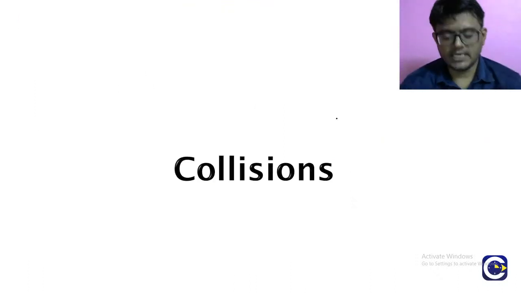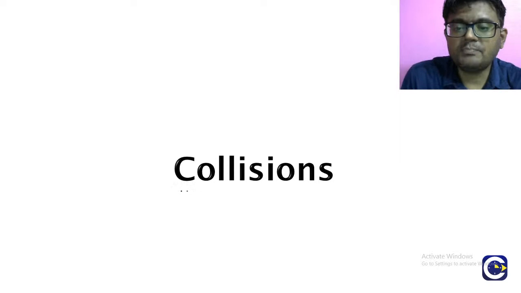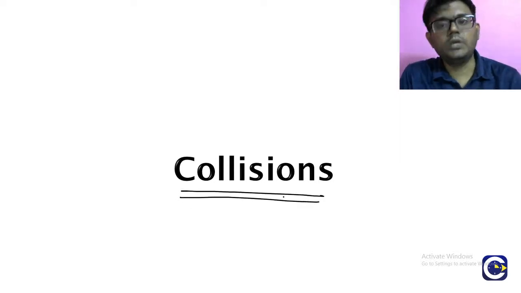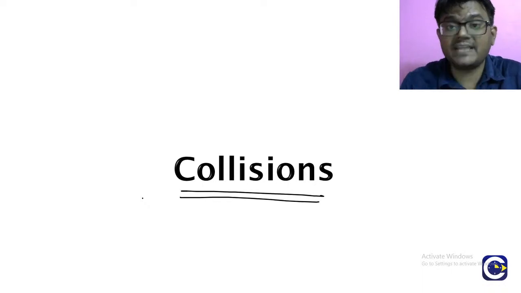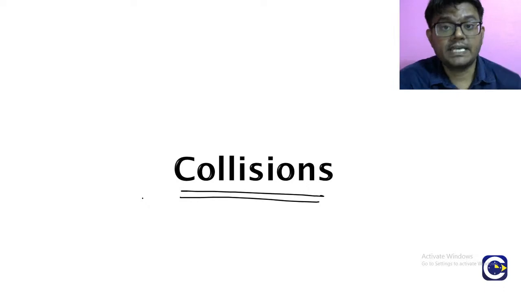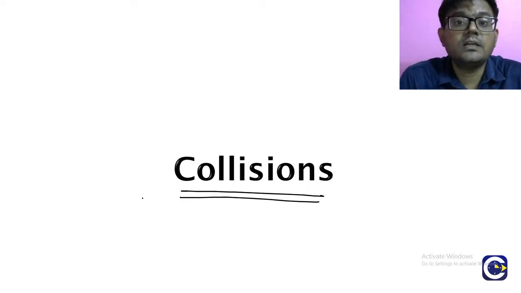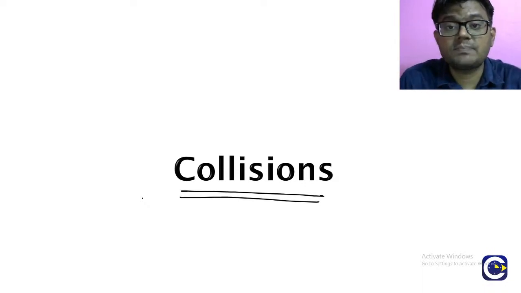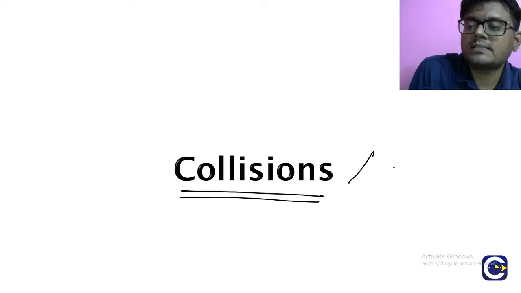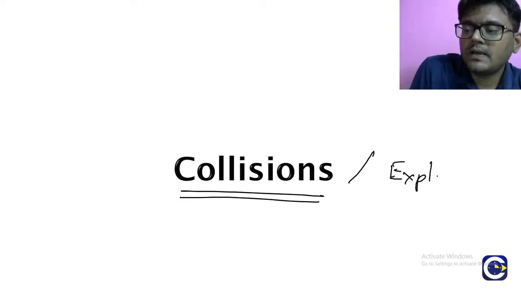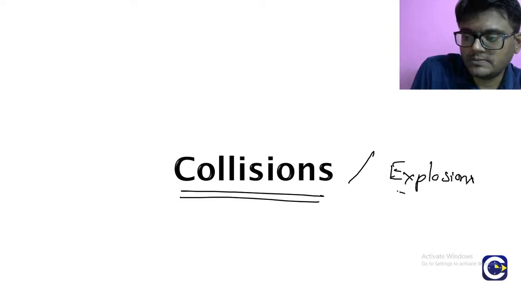next we'll come to the other important segment of the chapter, which is the collisions. Okay, so we talked about work and we talked about energy, different types of energy, the relation between them, that is what is the work energy theorem. And then we have talked a little about the power. The next segment of the chapter is understanding of this collisions, and one more similar phenomena, which is explosion.